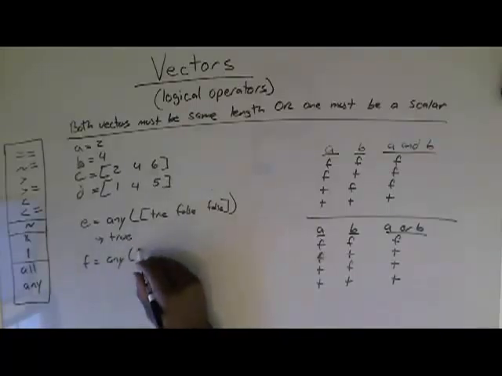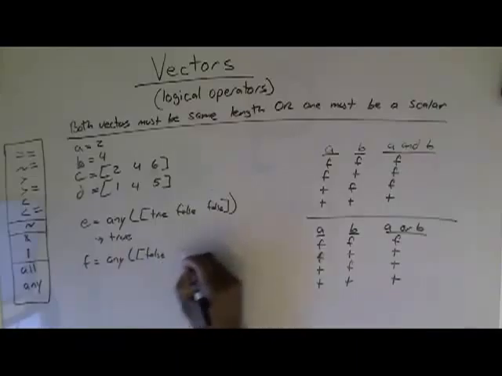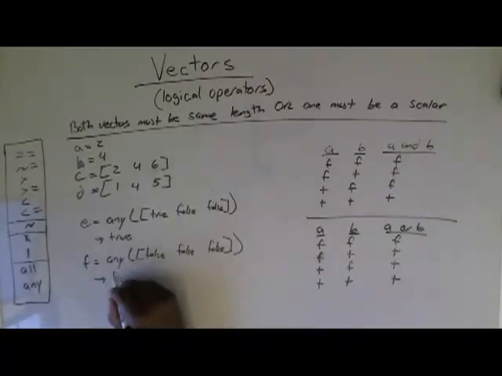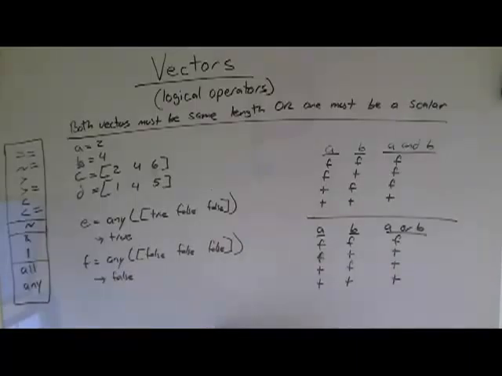And the only way to make any false is everything in the vector has to be false. Okay? Alright, so we're now going to go to the MATLAB version to take a look at these functions and how they play out inside of MATLAB.